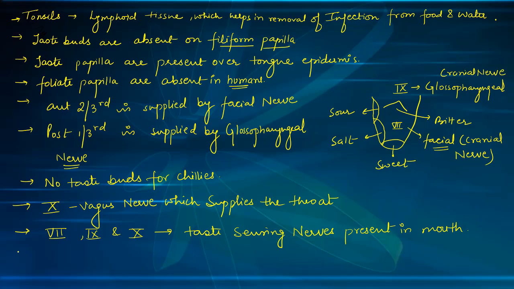Then, enamel is ectodermal in origin, as I've already told you. Dentine is mesodermal in origin. The rest of the things I have already explained.